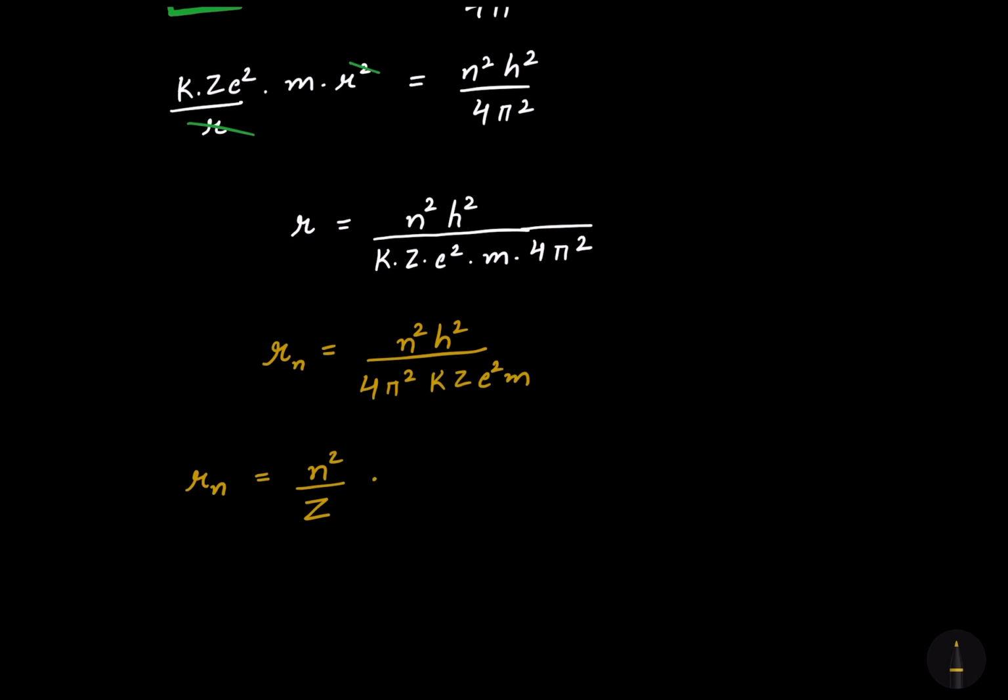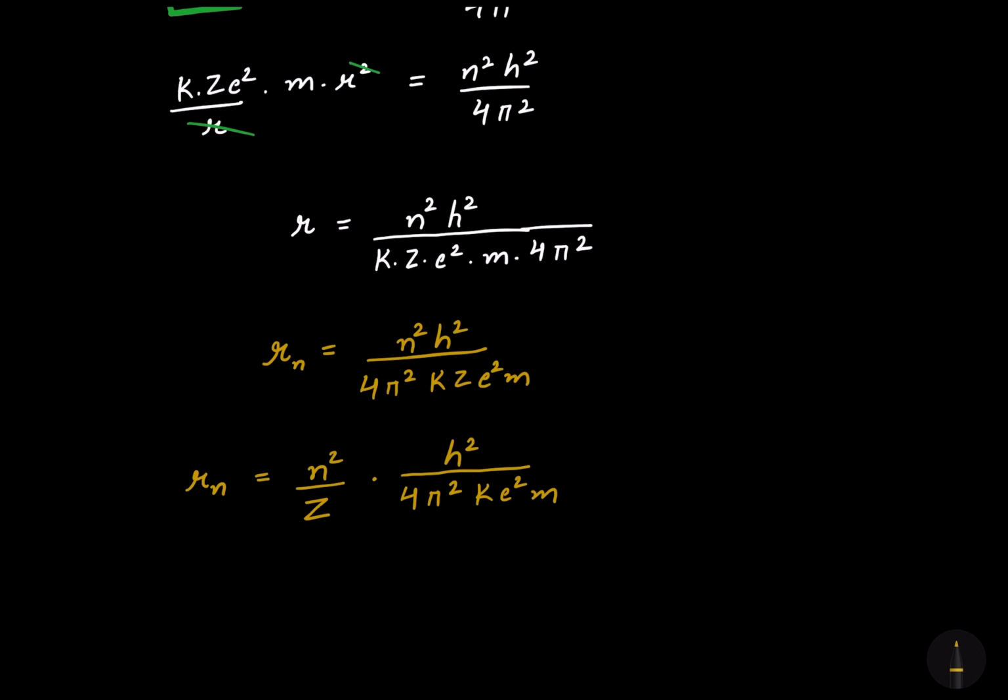The rest I am left with is h square divided by 4 pi square k e square m. Except for n square by z, all the rest are constant values.